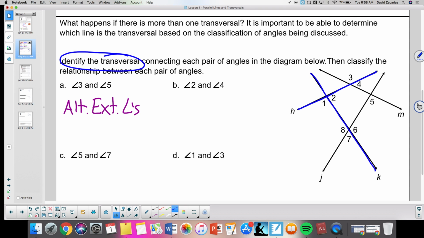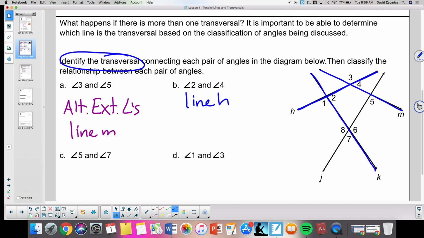So, for problem A, we said the transversal was line M. For this one, we have angles 2 and angle 4. Angle 4 gets created by line H and by line M. Now if you notice, it's line H that's playing the role as the transversal, because it's crossing the other 2 blue lines.